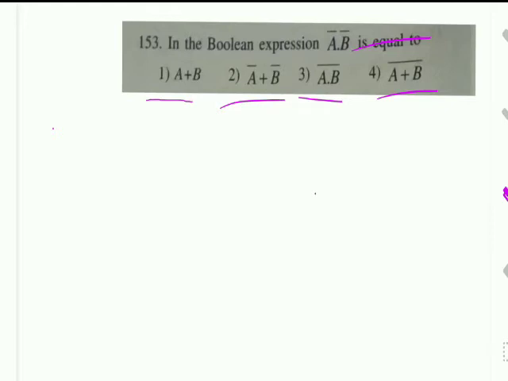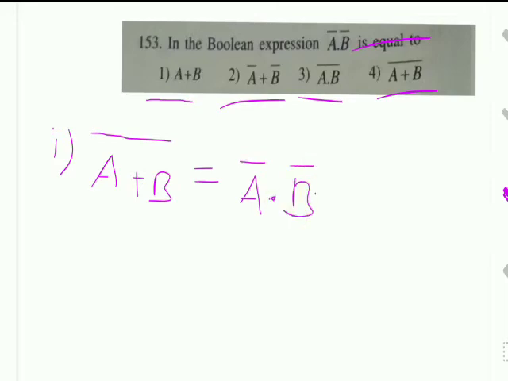De Morgan's theorems. From the De Morgan theorem, first one, A or B whole complement is equal to A complement and B complement. Second one, A and B whole complement is equal to A complement or B complement.